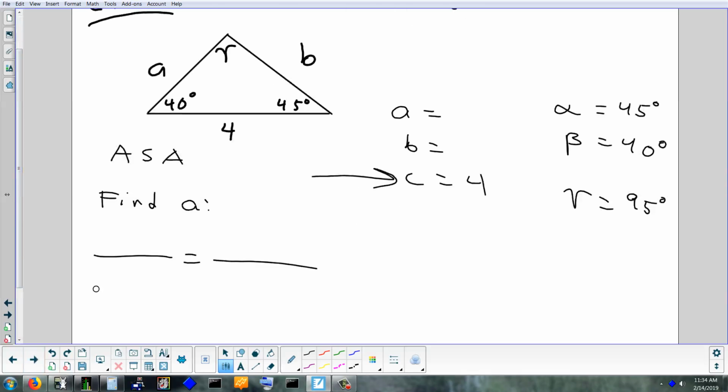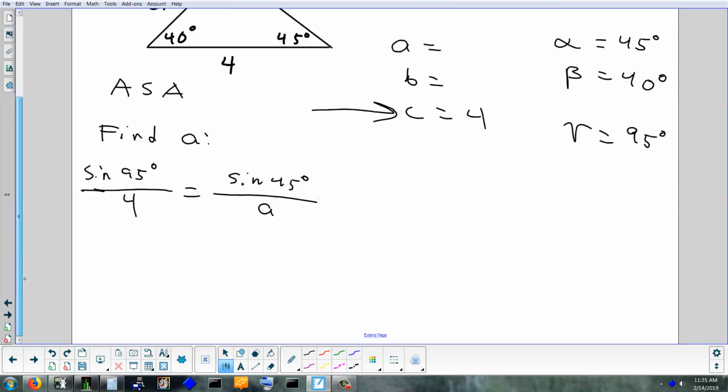So Tori, what could I fill in on the left-hand side where I know the top and I know what goes in the bottom? You could put the sine of 95. Yep. Doesn't matter where you put it, just put it on one side. And now you're finding A. So what's going to go on the right side? Yeah. Sine 45 over A.